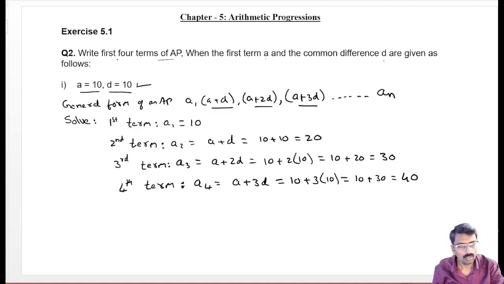So we got all the first 4 terms which is asked in the question. So we would write it.